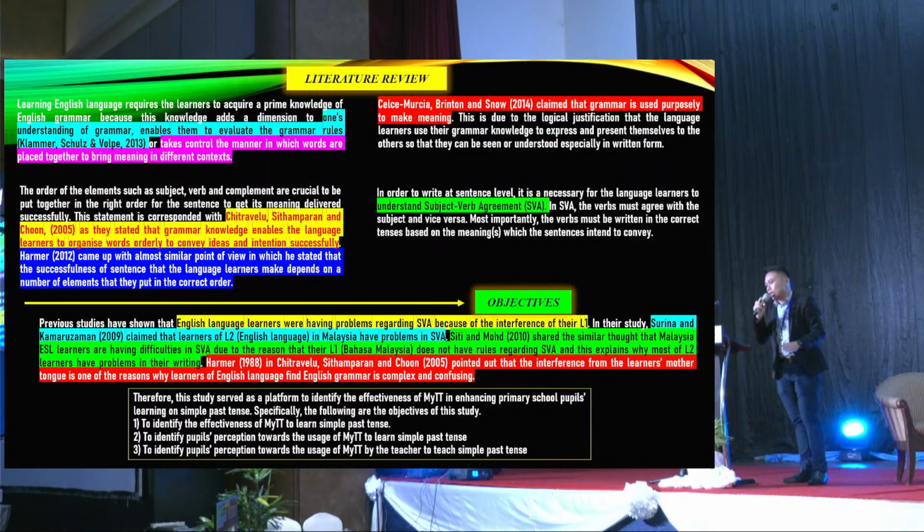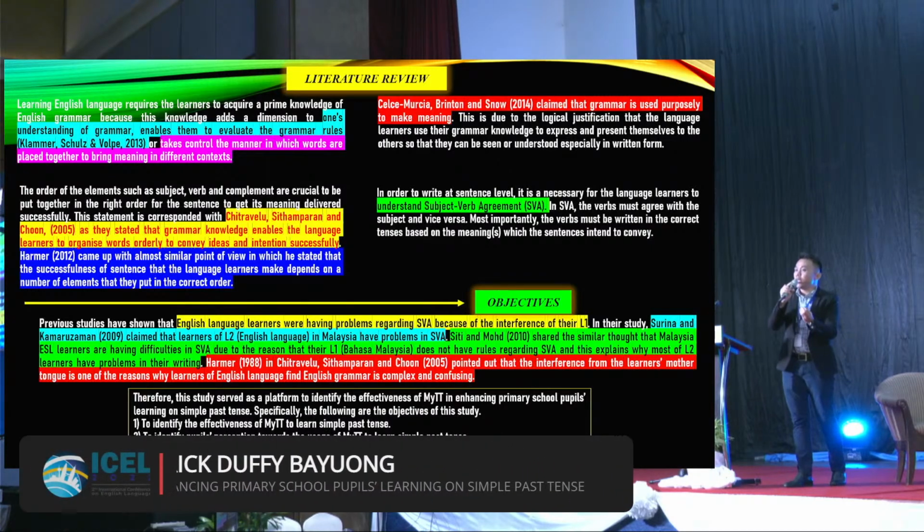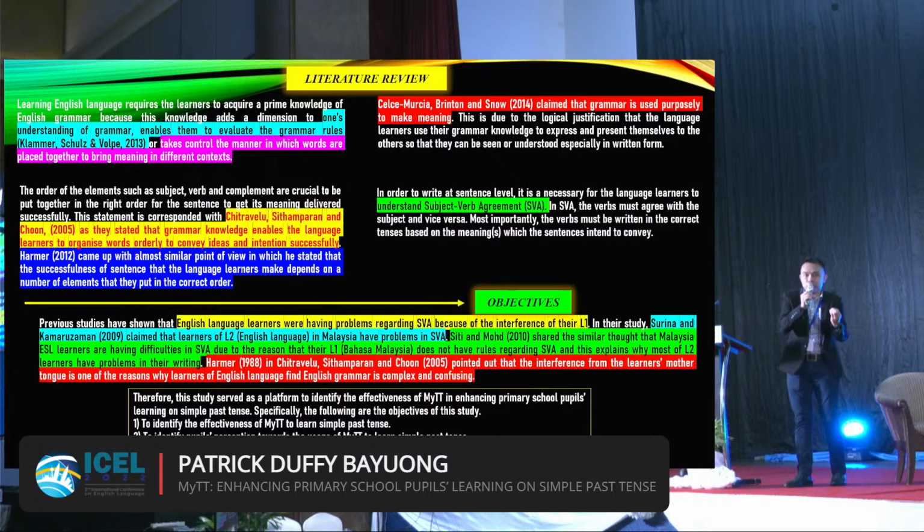Next one, the order of the elements such as the subject, verb, and complement. This is where the SVA comes from, the structure of the sentence. So obviously there are many studies that have been done related to the importance of grammar, not only for the teacher itself, but for our young learners in the primary school classroom. So we look at the objective of this study. I've underlined 3.